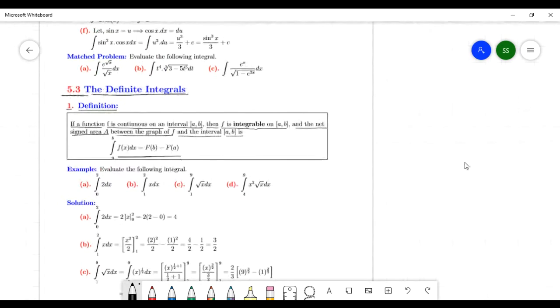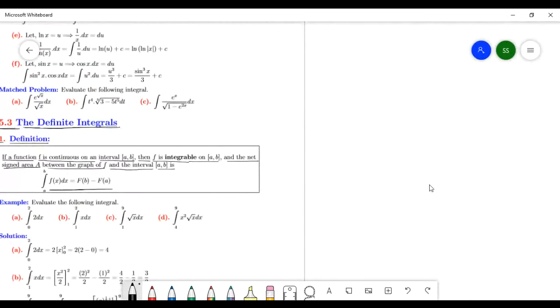Let me explain here. Suppose here is the xy coordinate system, and here is a function f(x). This coordinate is a, and this is b.